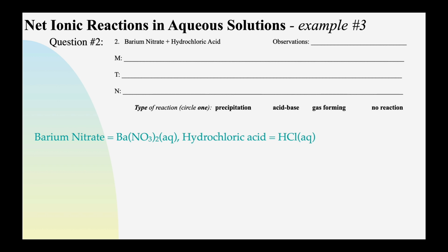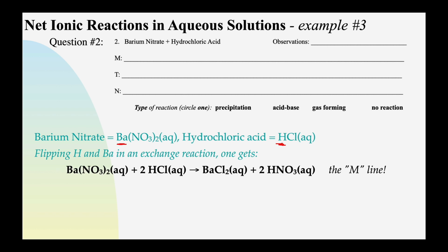So what we're going to do to figure out the products, the positive cations will trade places. So barium will start dancing with chloride, and hydrogen H+ will start dancing with nitrate. Now you have to remember here that the charges don't change. So you wouldn't write H(NO3)2 as a product because nitrate's -1 and hydrogen's +1.